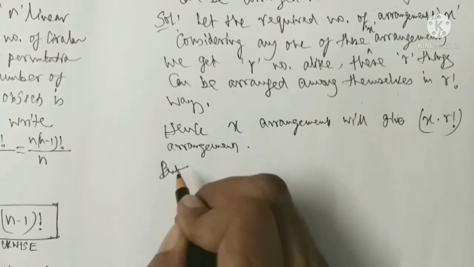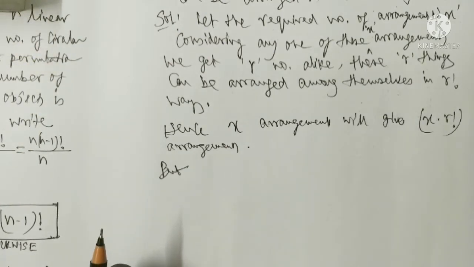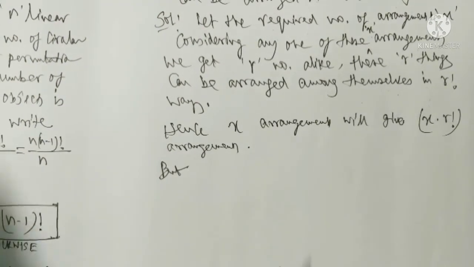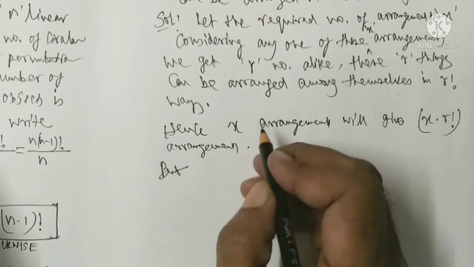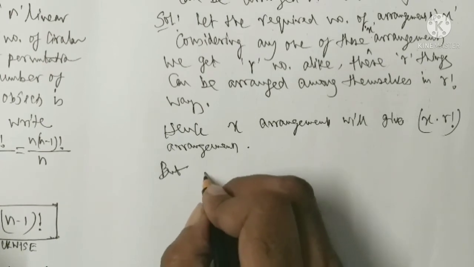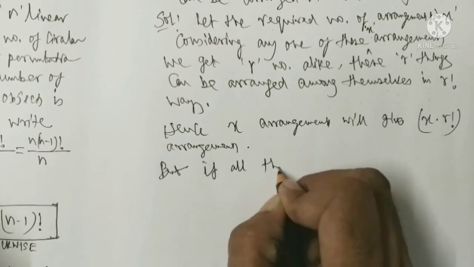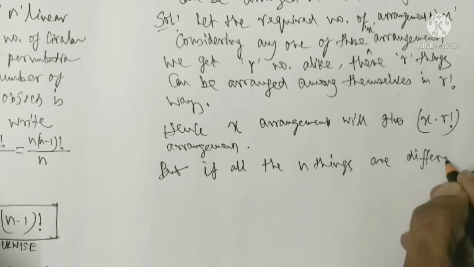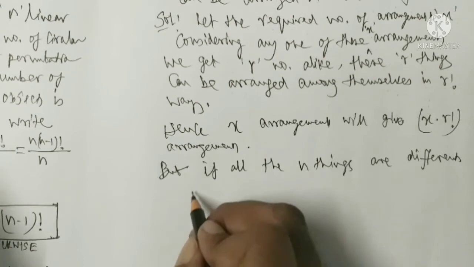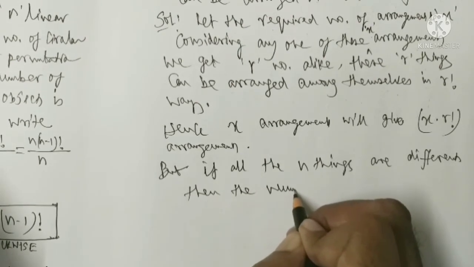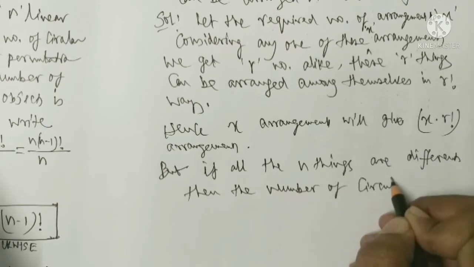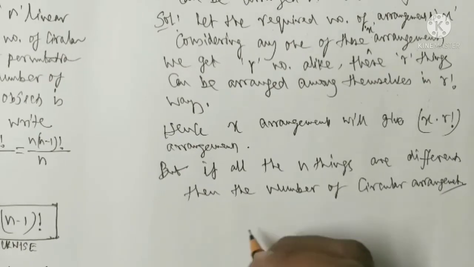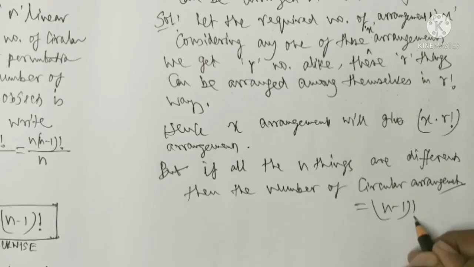But if all the n things are different, then the number of circular arrangements equals n minus 1 factorial.